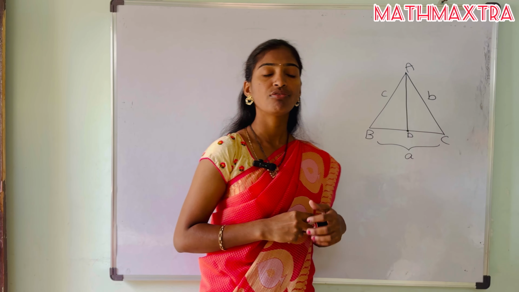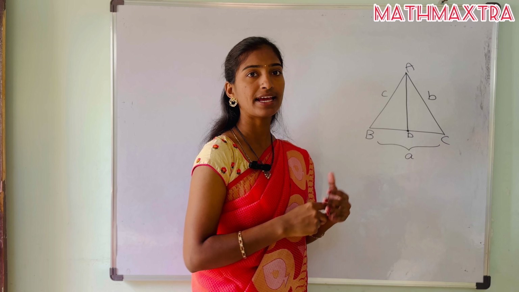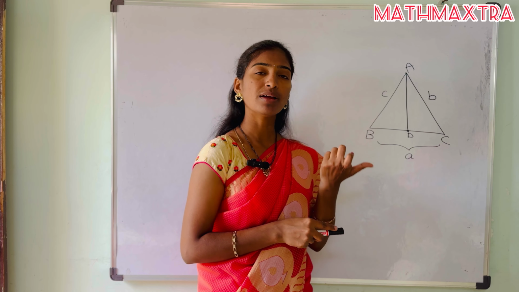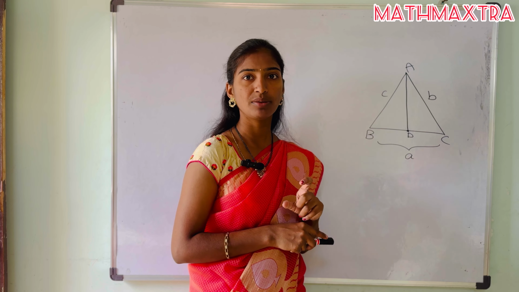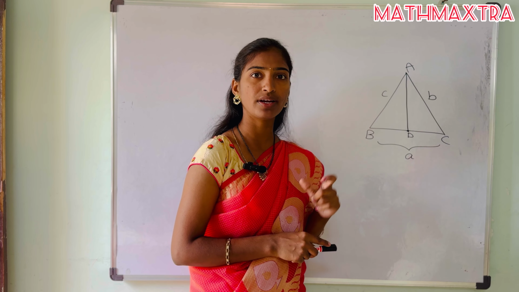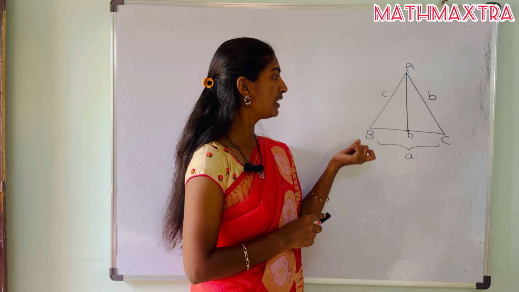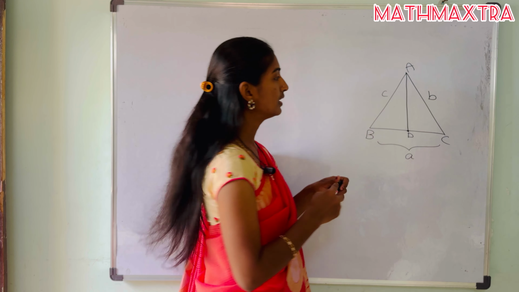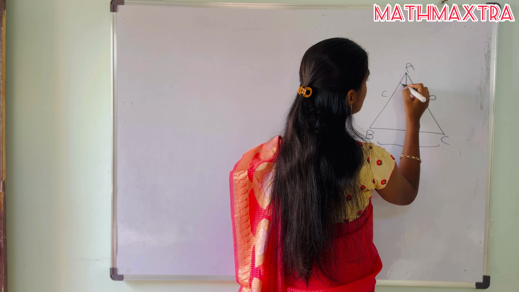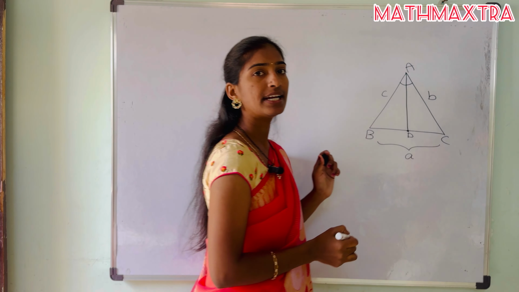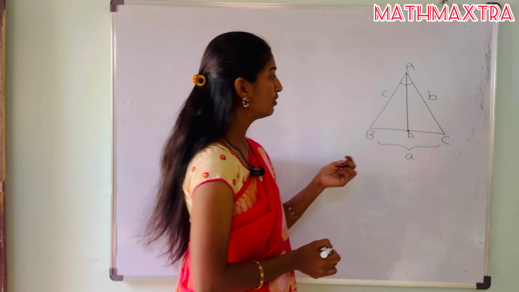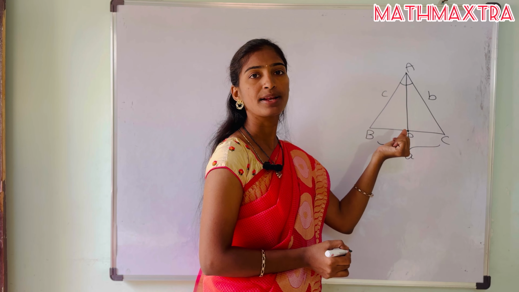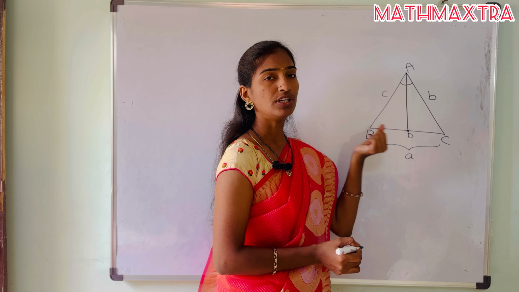Okay, we can find the length of the internal angular bisectors. We have seen a formula to find the length of the median in the case of centroid medians. Similarly, we can also find the length of the internal angular bisector. If AD is an internal angular bisector, sometimes they may ask to find its length, and that time we need a formula.